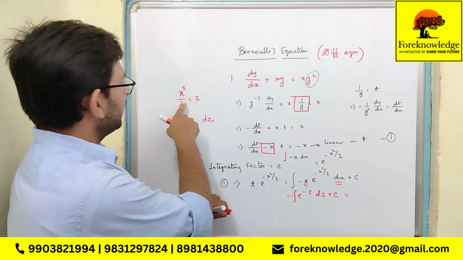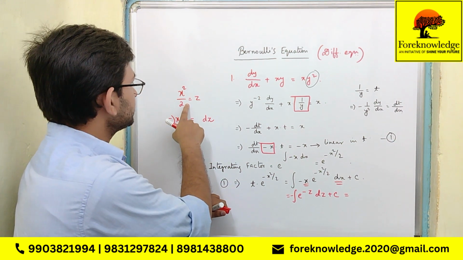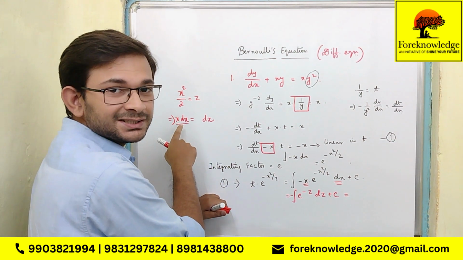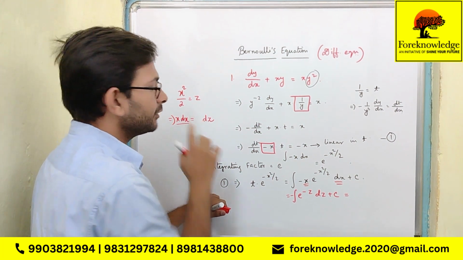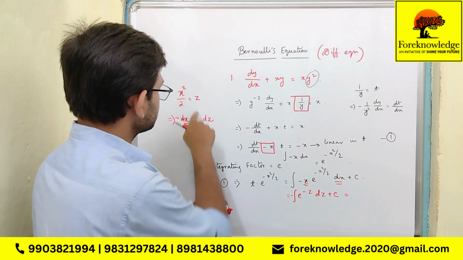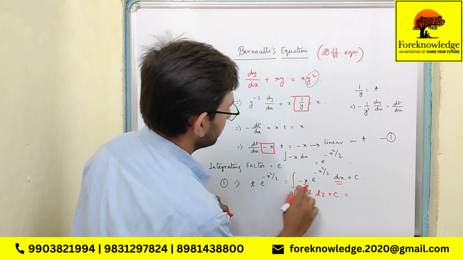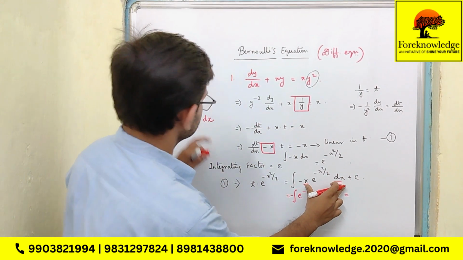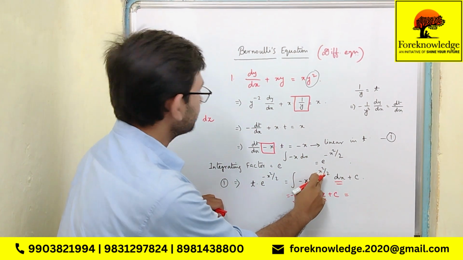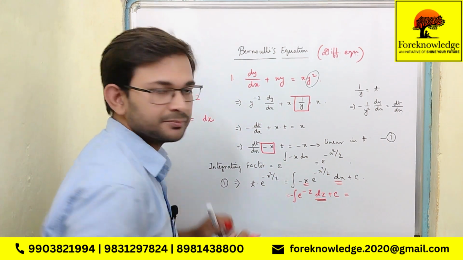Differentiating x square by 2 equal to z, on the left hand side this is x dx, and the right hand side is only dz, because the differentiation of z is 1. So this x dx will give us this dz, and e to the power minus x square by 2 becomes minus z.